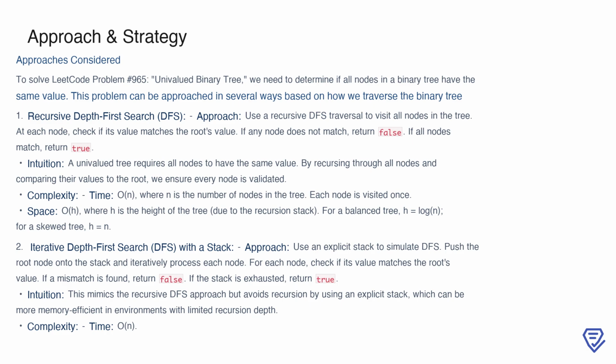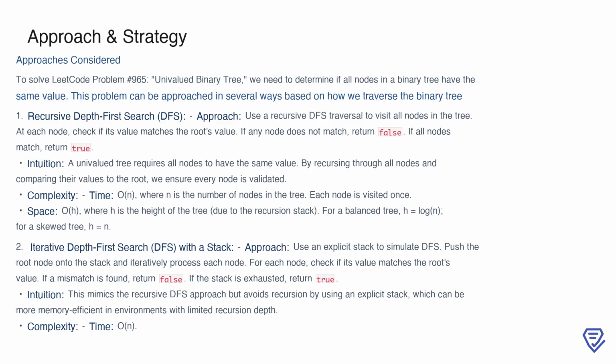The intuition is straightforward: since a univalued tree requires uniformity, we validate each node by comparing it to the root. This approach has a time complexity of O(n), as we visit each node once, and a space complexity of O(h), where h is the height of the tree. For balanced trees, this is log n, but for skewed trees, it could be as high as n.